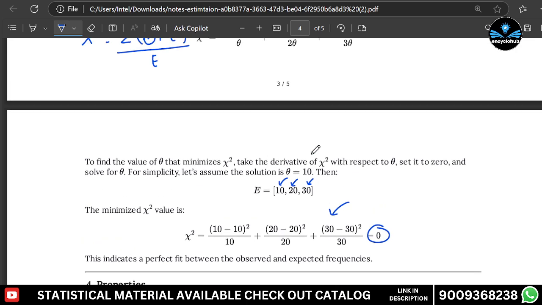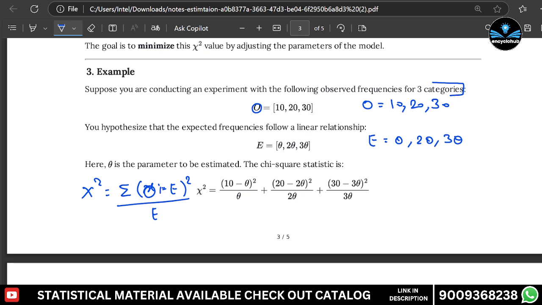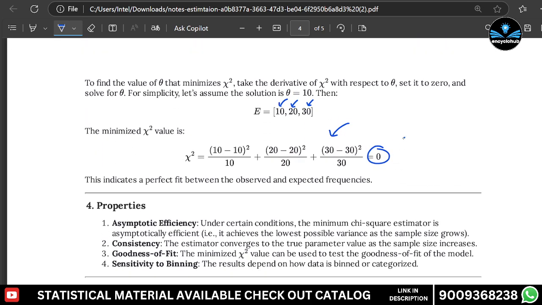Why? Because our observed values were 10, 20, and 30, and our expected values are also 10, 20, and 30. So automatically it will come to 0, which indicates that our estimation is a perfect fit.